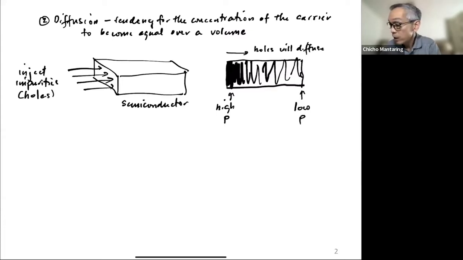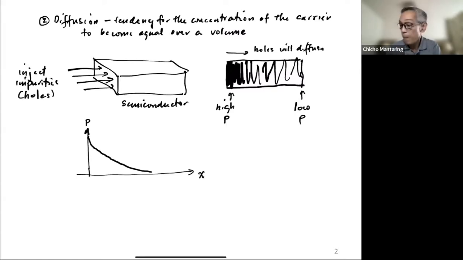Okay. So I'm not going to explain the physics behind it anymore. But your concentration gradient is going to end up like this. If you take a look at P versus X, it's going to be exponential. So there are going to be holes diffusing in this direction.